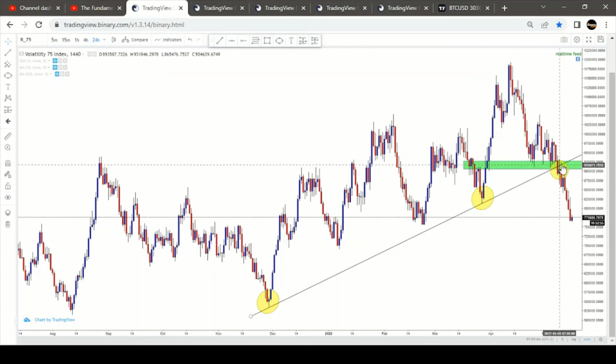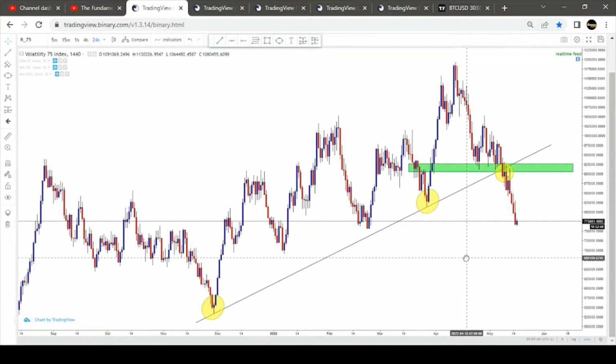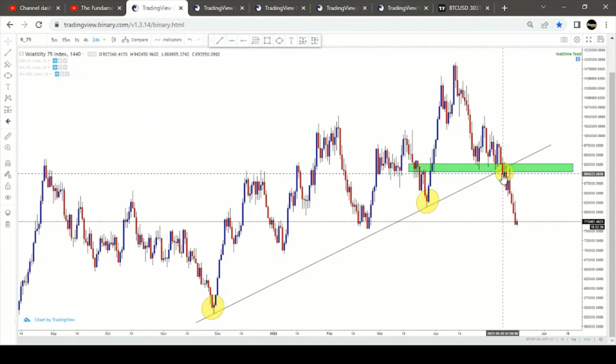The third touch could either bounce and continue up, or it could break and retest. Now the perfect thing about this trade is on the third touch, when the market eventually reaches the trend line, this red candle closes below the trend line, right?